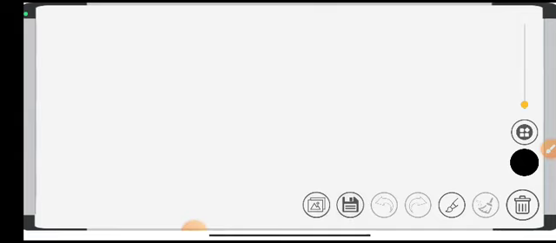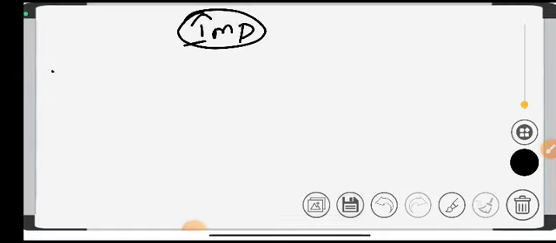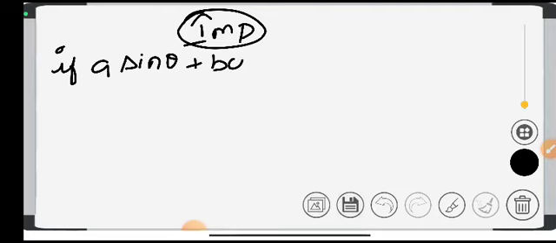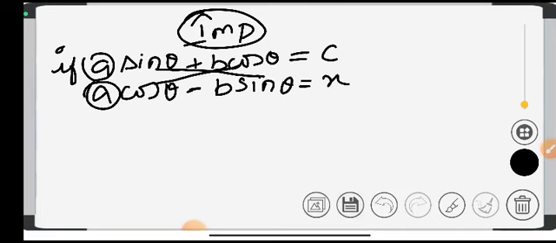Okay, let's jump to the next one. This one is important. That is, if anywhere you see a question like this, a sine theta plus b cos theta is equal to c, and a cos theta minus b sine theta is equal to x, what I have done here is the values of sine theta and cos theta are interchanged.